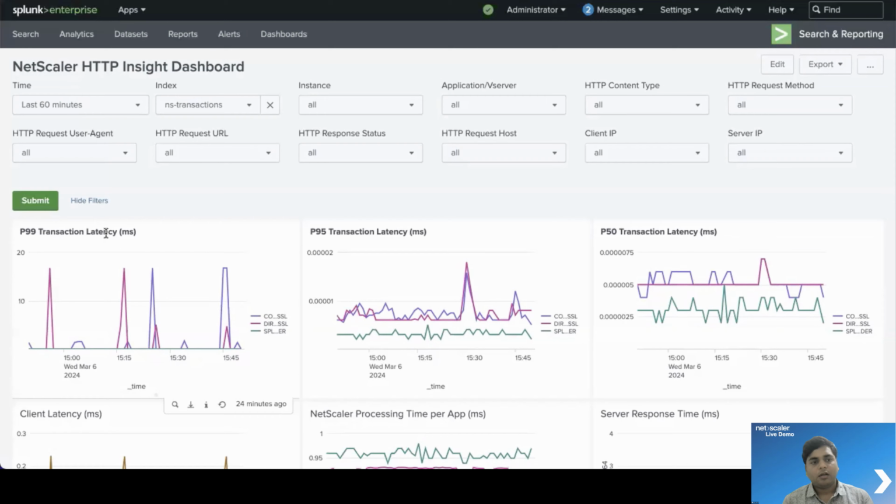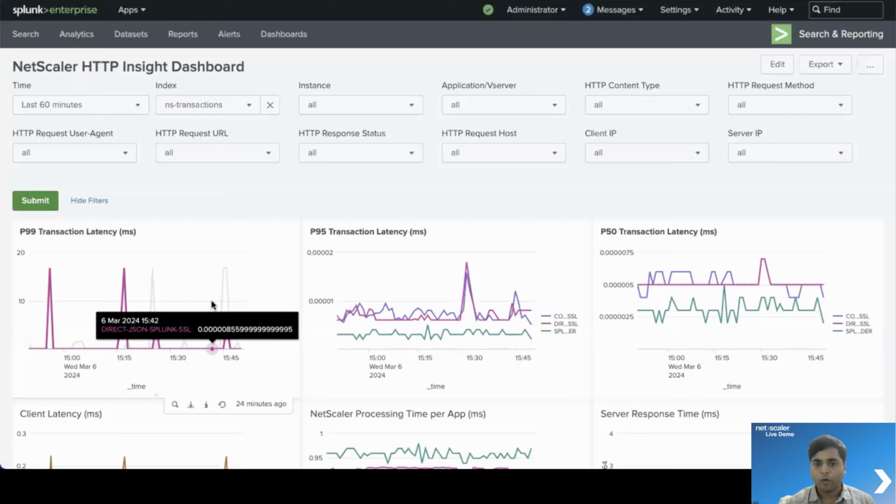So Splunk is consuming the data from the NetScaler, and we are building sample dashboards for you. These dashboards are available on our Citrix download page for you to take a look. And this telemetry which we are getting can also be included in your own dashboards. The idea is that NetScaler provides you the data which is important for your business decision making.